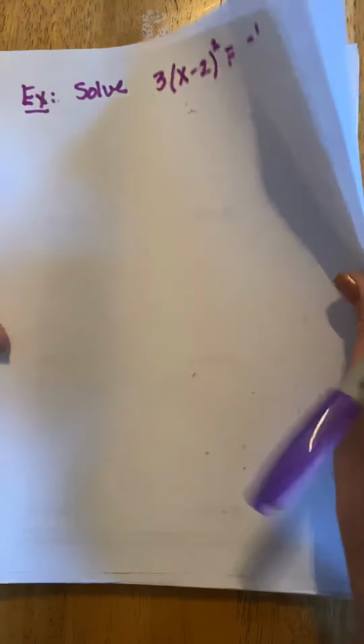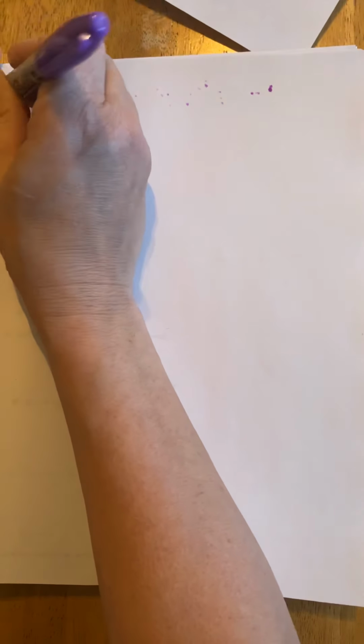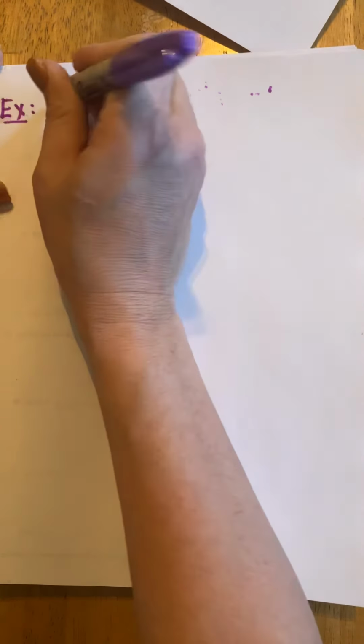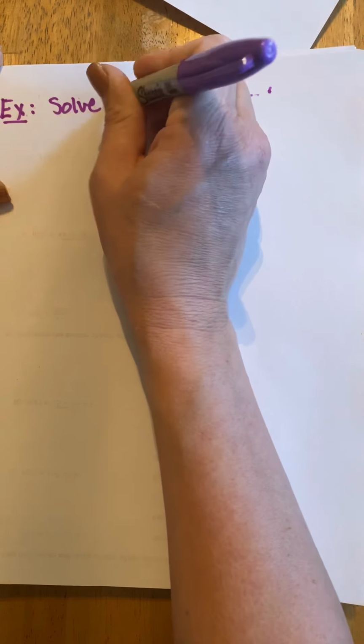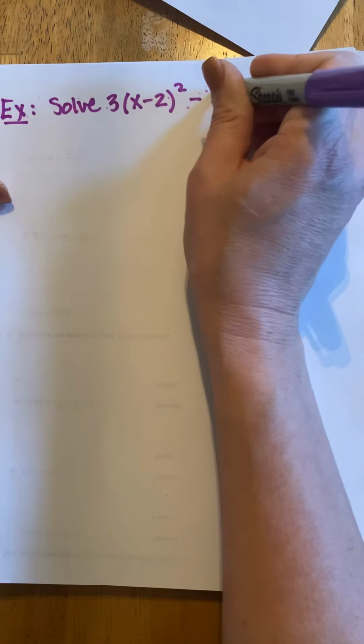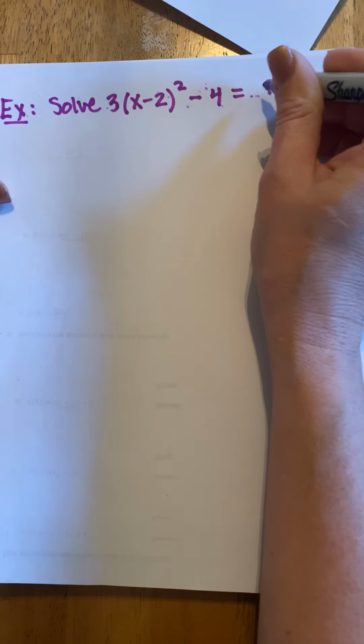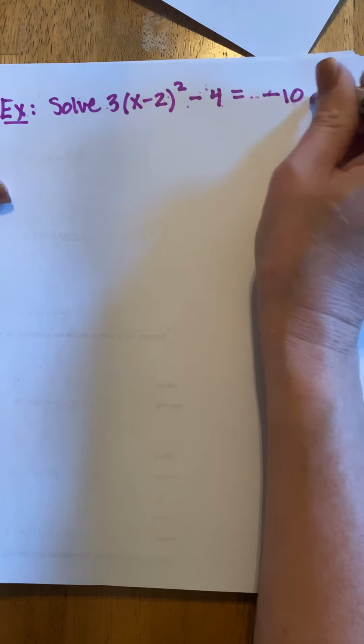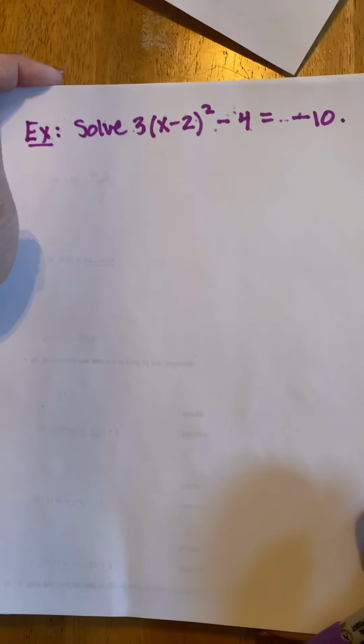Nah, that's not the example I wanted to do. Sorry. Let's try that again. Let's do solve 3 times (x minus 2) squared minus 4 equals negative 10. There we go. I like that better. A little bit more work.